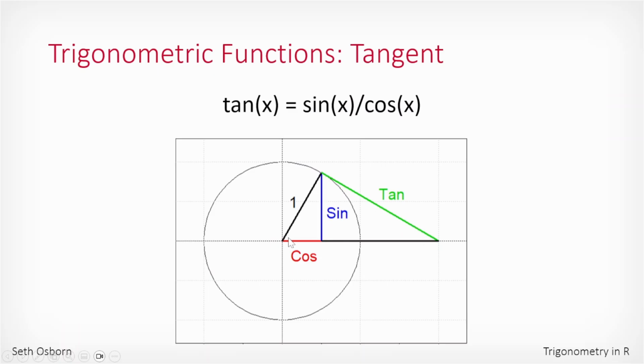Medium to small, that ratio is the same as this medium to small in the smaller triangle. So the ratio of tan to 1 is the same as the ratio of sine to cosine. Anything over 1 is just itself, so you could re-express that as the tangent of a certain number of degrees is equal to sine over cosine for the same number of degrees.